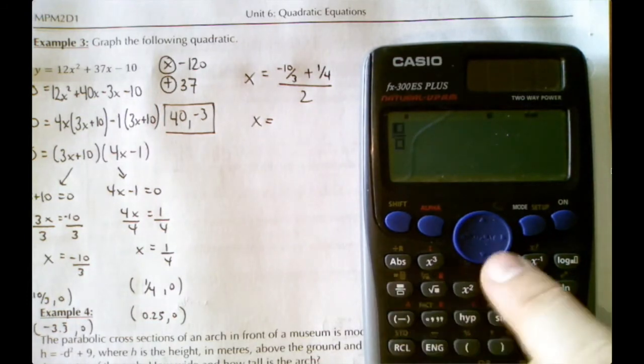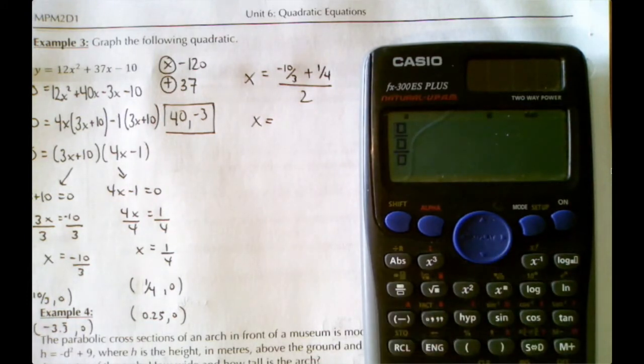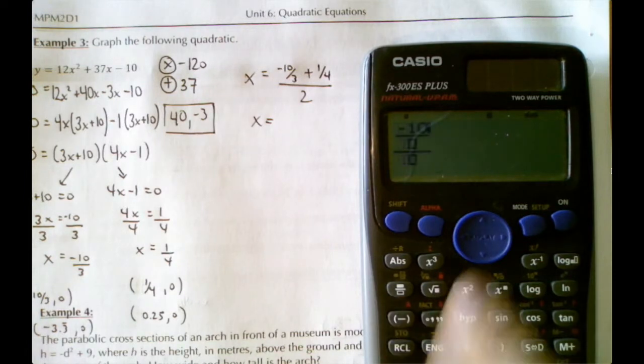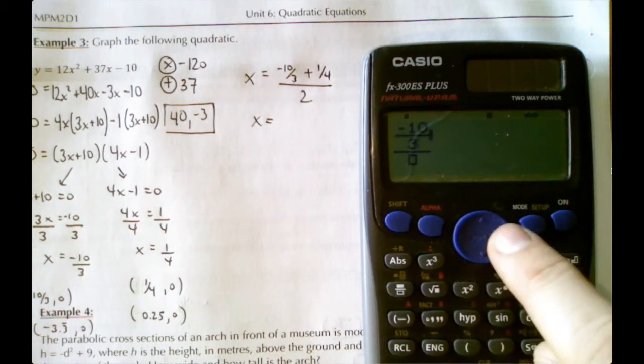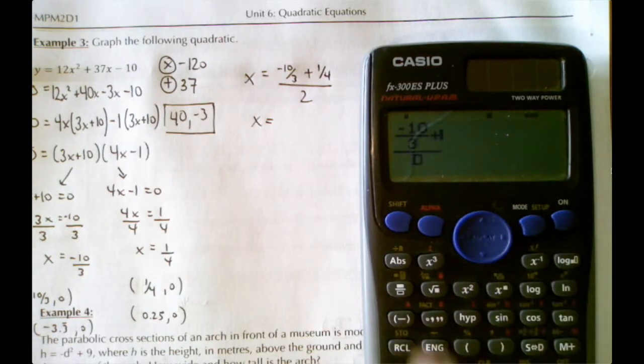We're going to add negative 10 over 3 and 1/4, and we're going to divide it by 2. And we get negative 37 over 24.